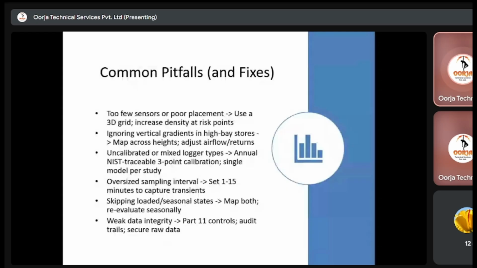So you can provide directions or instructions to the Urja team member to place the data logger in a particular location, so that it may not drop down.